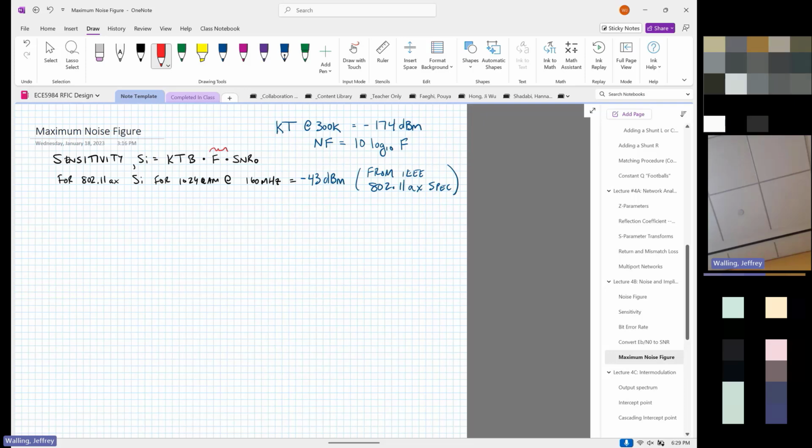So as an RFIC designer, we can't control KTB. We have an expected temperature range that we might be required to work over if we're selling a product. For instance, normally when I'm selling a commercial grade product, I might need to have my system work from 0 to 85 degrees C. So KTB, I can't really control.